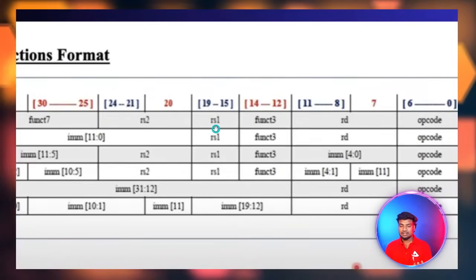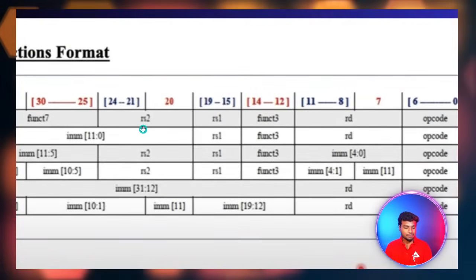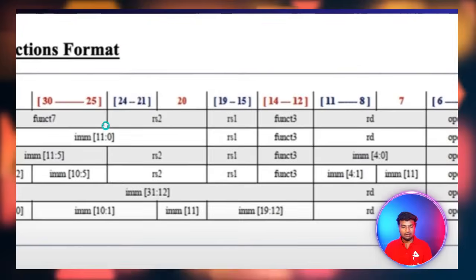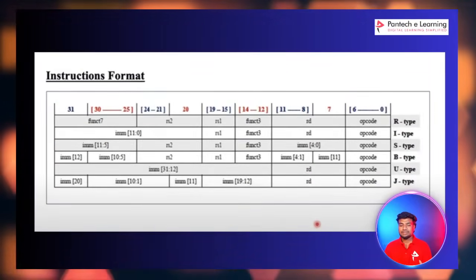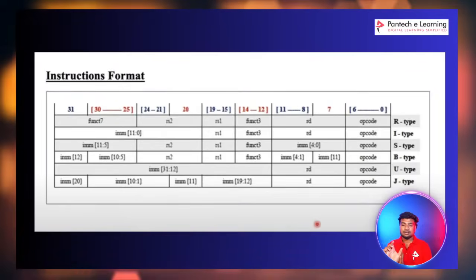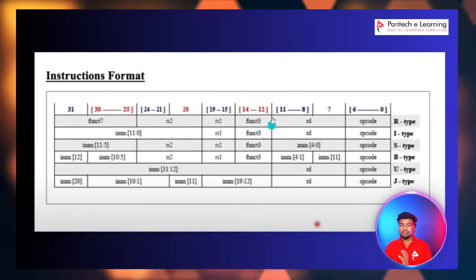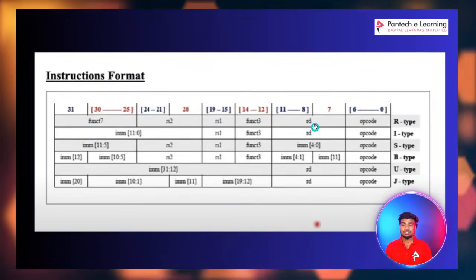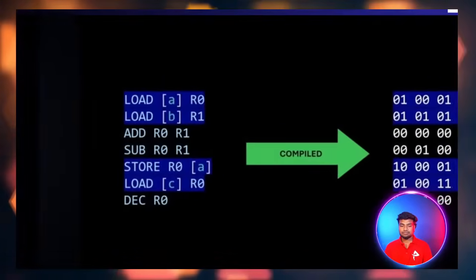RS1 is an address, RS2 is also an address. And funct7 is also one functionality, it will do some operations. I'm just showing how the instruction looks in 32 bits. So this is the instruction format of the 32-bit RISC-V processor architecture. So this is the main thing.